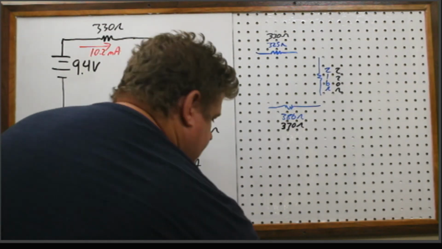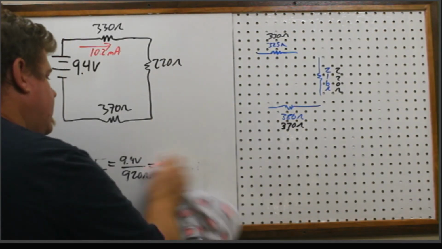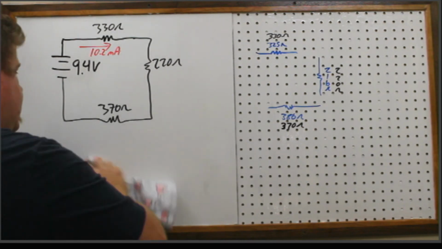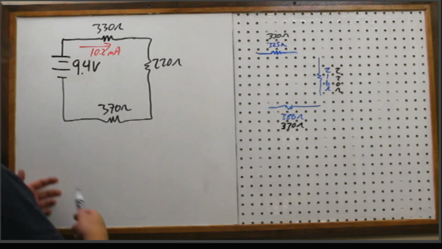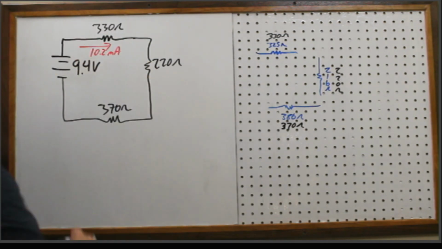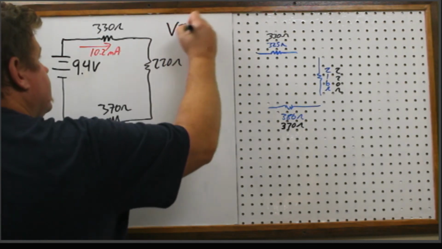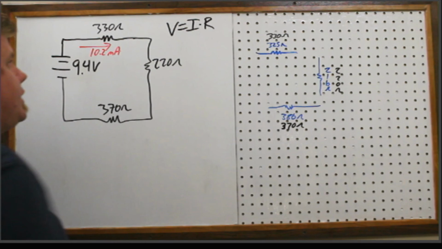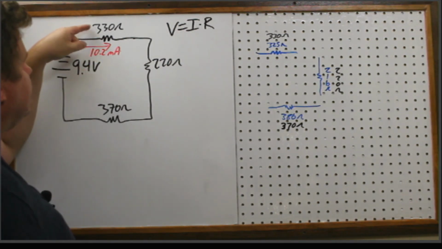Okay, as far as the individual voltage drops, I'm going to show you how to do voltage division again, because you need to get that skill down for what we do in the second half of the class here. Okay, so voltage division. So I want to know the voltage drop of each one of these, and I'm not going to use the current to do it. I could use Ohm's law, right? I could just say, well, I know what the current is now, and so the current times this resistance is the voltage drop.